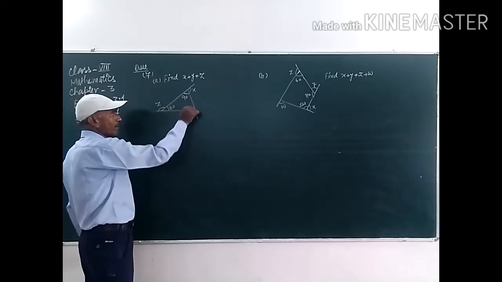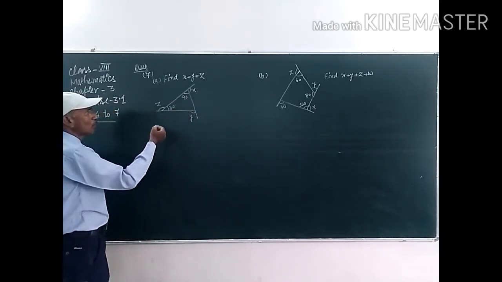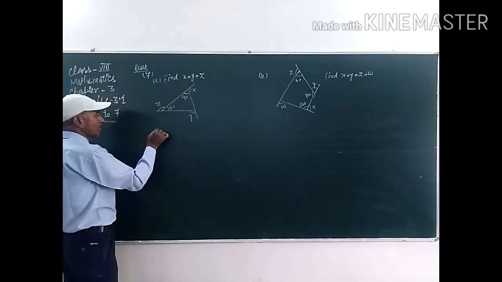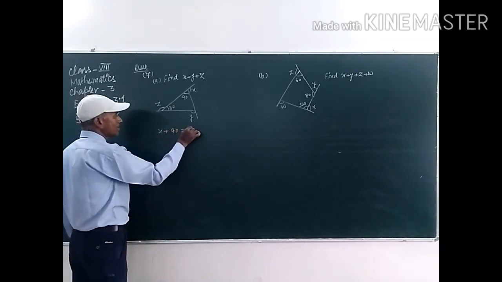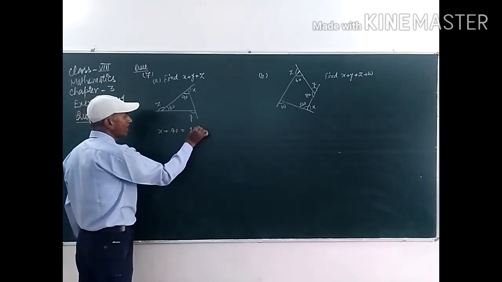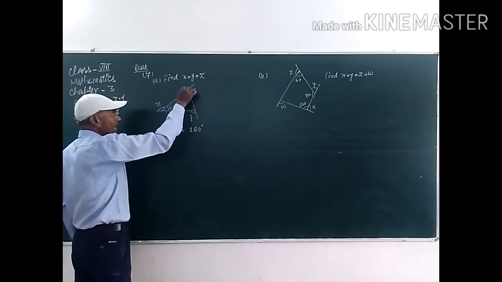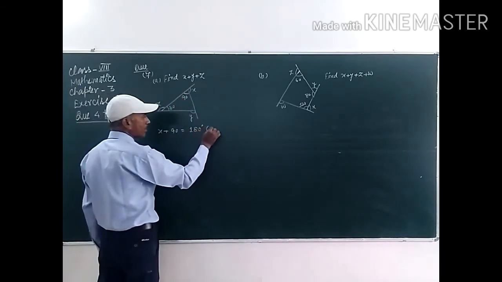So first of all, we have to find the value of x. x plus 90 is equal to 180 degrees. Students, these angles are on a line, so these are linear pairs.